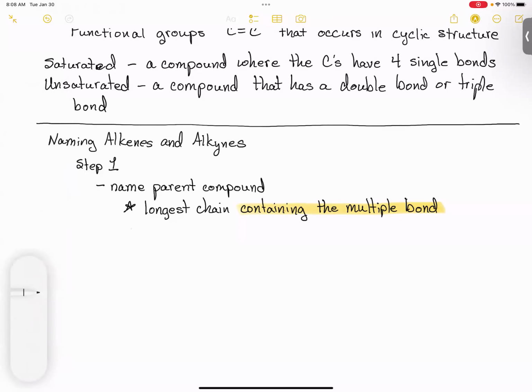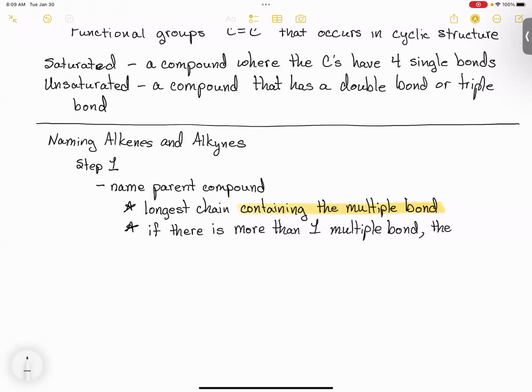Now, if there is more than one multiple bond, then you will use the appropriate prefix before the ending.